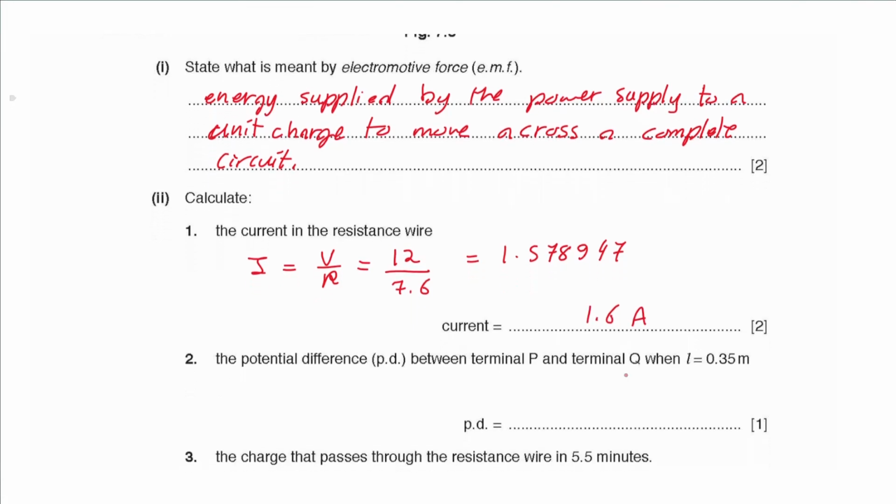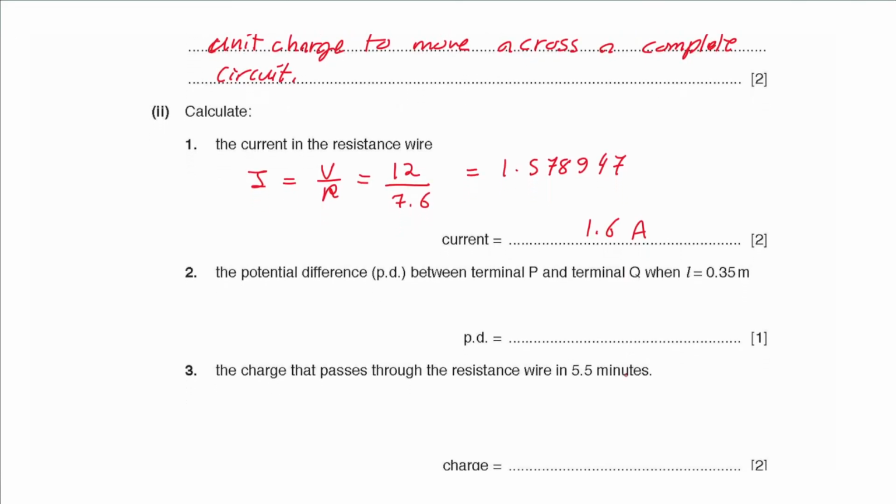Part (iii) says calculate the potential difference between terminals P and Q for a length of 0.35 meters. So we say if 12 volts are given to the total length of 1.0 meter, how many volts are given to 0.35 meters? We can use cross multiplication since voltage is proportional to resistance and resistance is proportional to length. So voltage is proportional to length. Using cross multiplication, we multiply 12 by 0.35 dividing by 1.